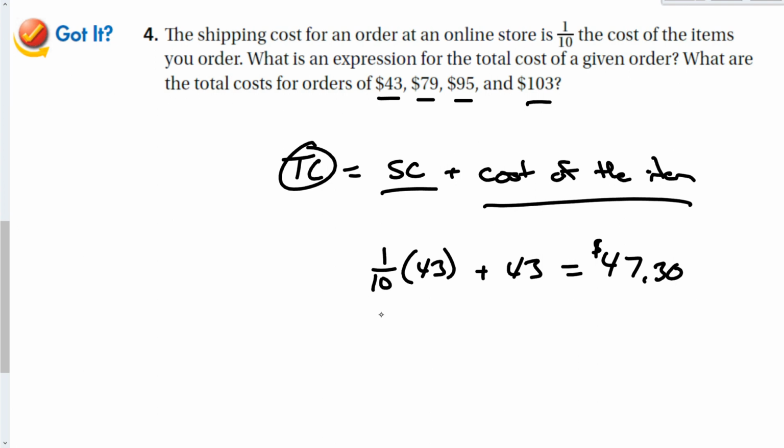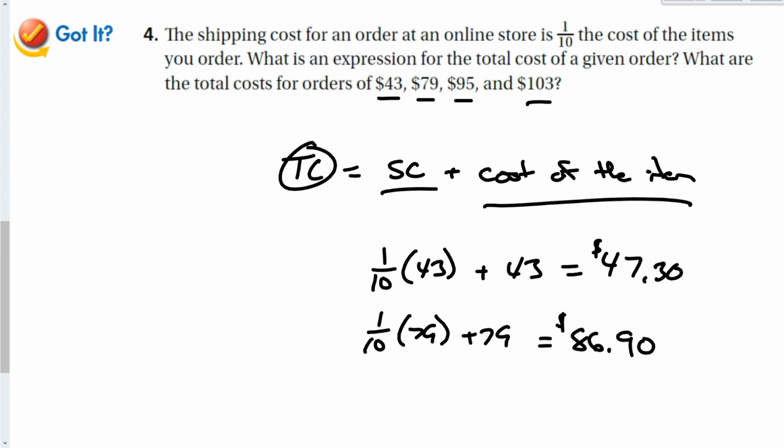Same thing, 1/10 times 79 plus 79. So that's 79 plus 7.9, which gives me 86.90. And then you can leave the other two to figure out on your own.